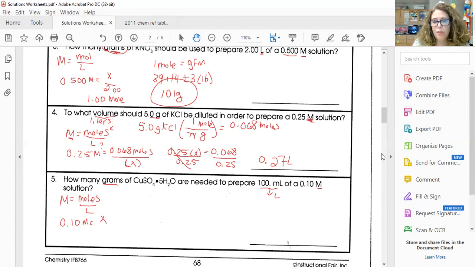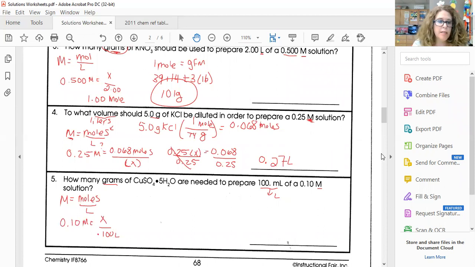My milliliters, 3 decimal places to the left, divide by 1,000, right? So then that's going to be 0.100 liters. So then I'm going to take that 0.1 molarity and multiply that by 0.1 liters.